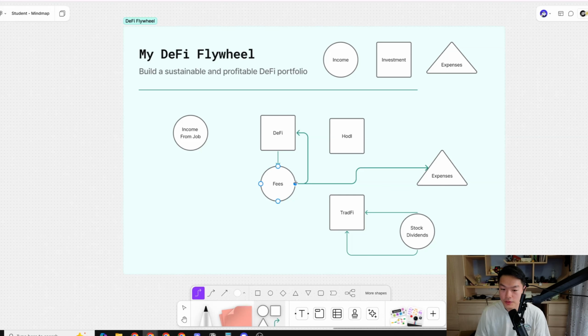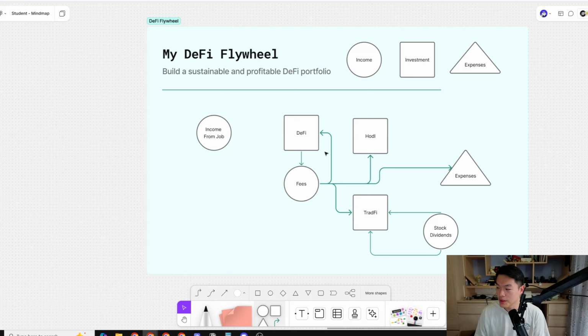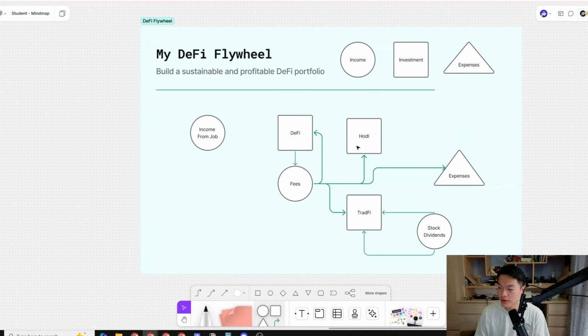And then I use the rest to buy other HODL investments like Bitcoin or Solana, as well as diversify into traditional finance investments. So don't try to basically live off of your DeFi portfolio very early on, especially if you're under six figures.